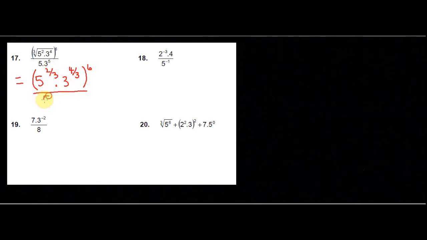Then we have 5 times 3 to the 5. Now I can apply the 6, the power here, to the powers inside the brackets, multiplying out the powers. 2/3 times 6. 3 into 6 twice times 2 is 4. 3 into 6 twice times 4 is 8.